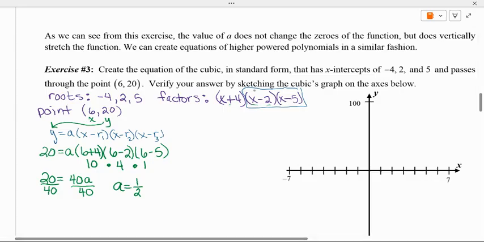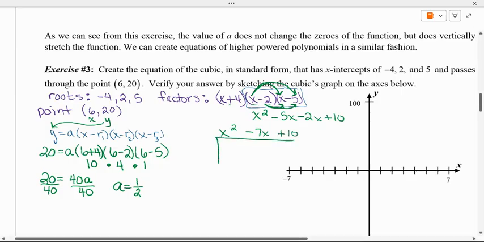X times x is x squared. X times negative 5 is negative 5x. Negative 2 times x is, and negative 2 times negative 5 is, when I combine like terms, I have x squared minus 7x plus 10.